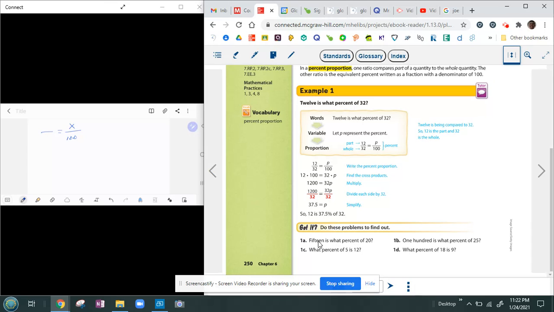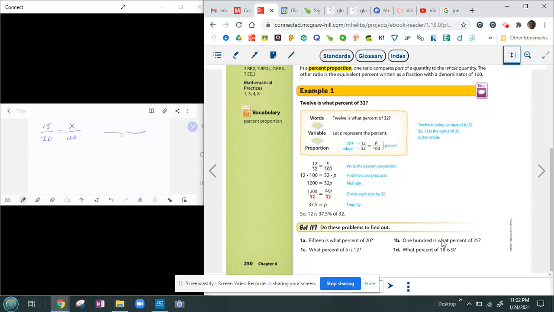Now 15 is followed by the word is, so I know that's my part. I also can just tell, a percent is usually a portion of something. So 15 is that, and 20 is the whole. I won't go over the actual solving of that because I just want to zip through this.